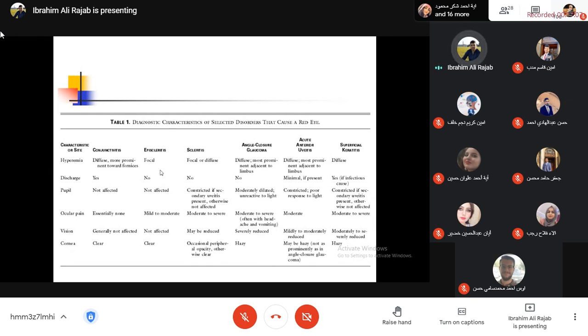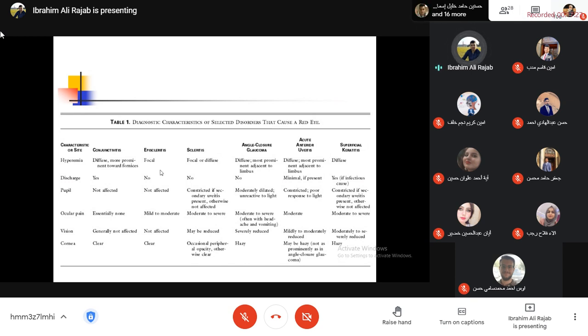In scleritis, the redness is focal or diffuse. There is no discharge. The pupil reflex may be involved because sometimes the scleritis may induce a secondary uveitis, I mean inflammation in the uveal tract, secondary reactionary.